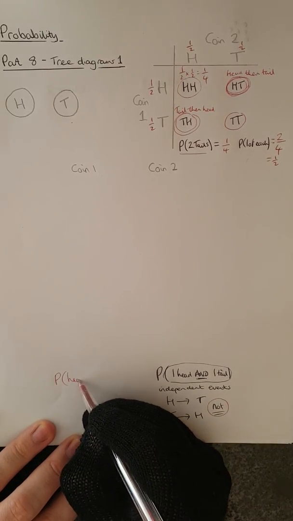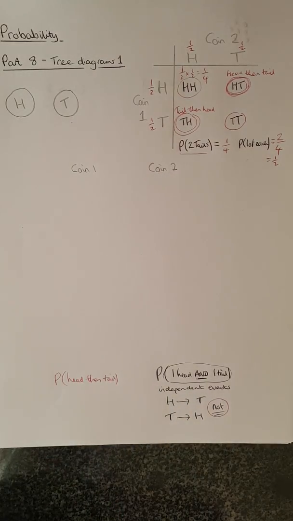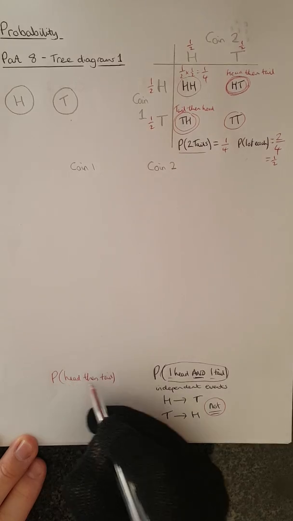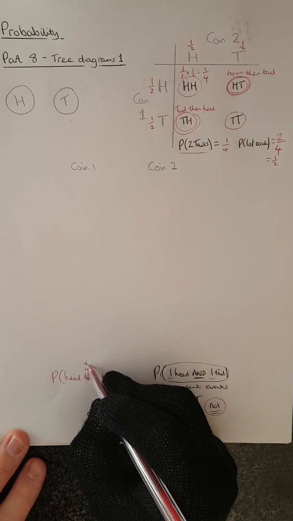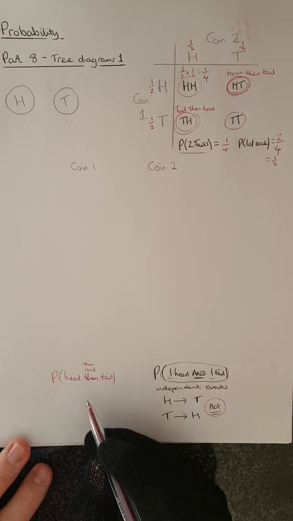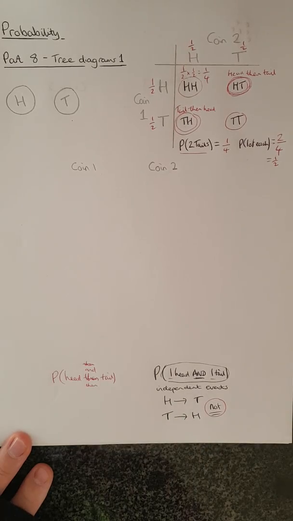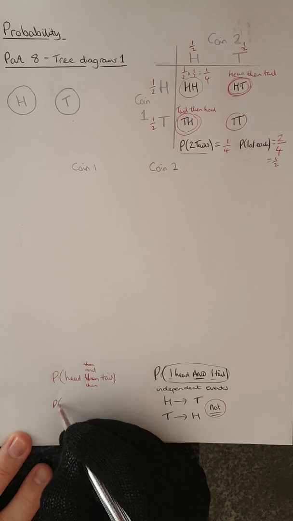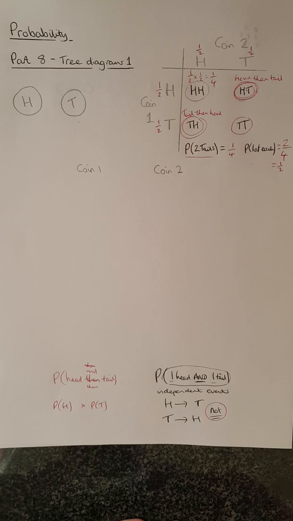However, a head then a tail is independent. Not one head and one tail, but a head and then a tail. And the reason is that those two things don't affect each other. It's just a possible outcome.